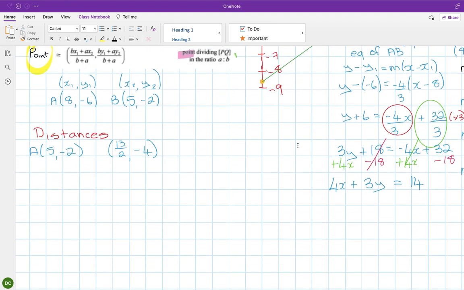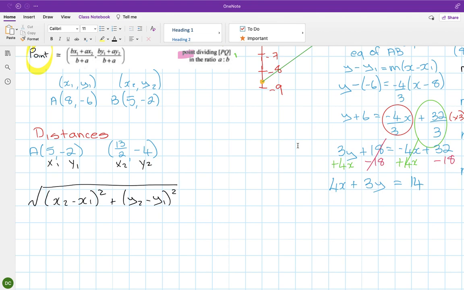And then we go x1, y1, x2, y2, square root of x2 minus x1 squared plus y2 minus y1 squared. So it gives me 13 over 2 minus 5 squared plus minus 4 minus minus 2 squared.